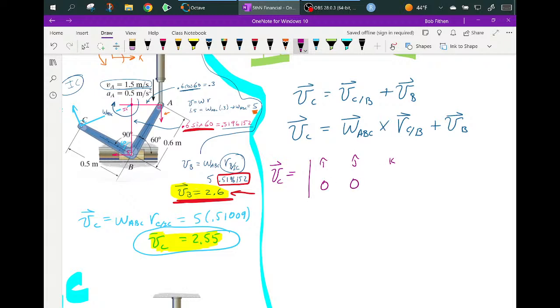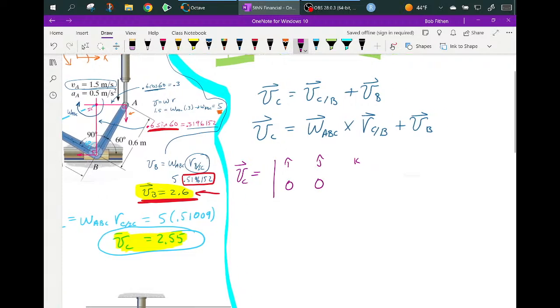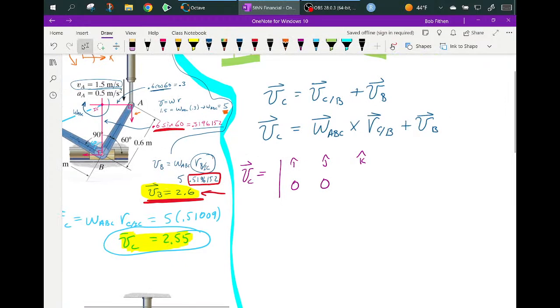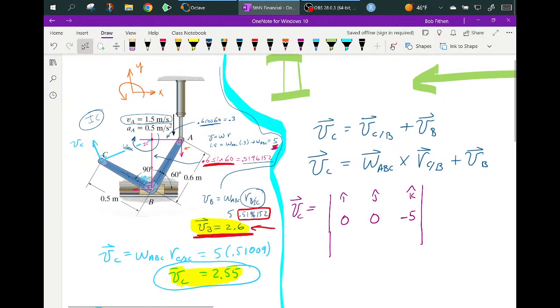Now, omega ABC is technically a minus 5. It's right here, but it's rotating this way and not that way, which puts it as a minus 5.